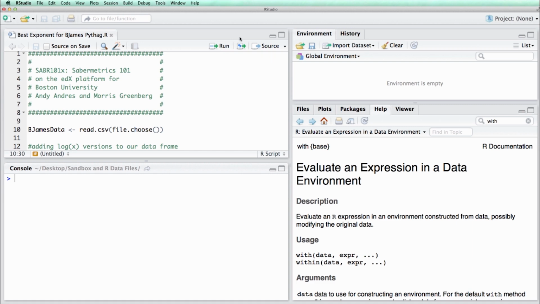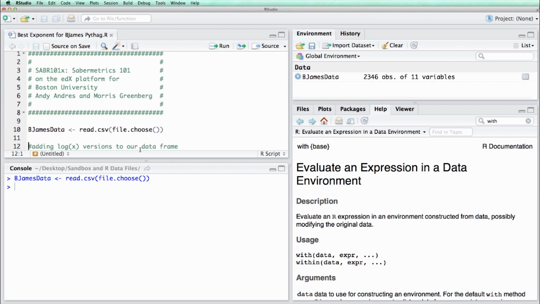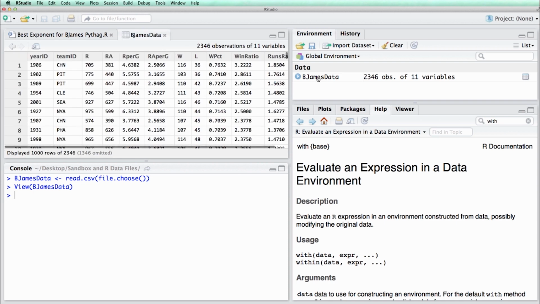First we have to get the data from SQL Sandbox, and it's Lahman Sandbox 11 for me, and we should have a new data frame called Bill James data. Good, the right number of observations, 11 variables. Let's look at it. Year, team, runs against, it's all there, just like we saw it in the SQL Sandbox. Very good.